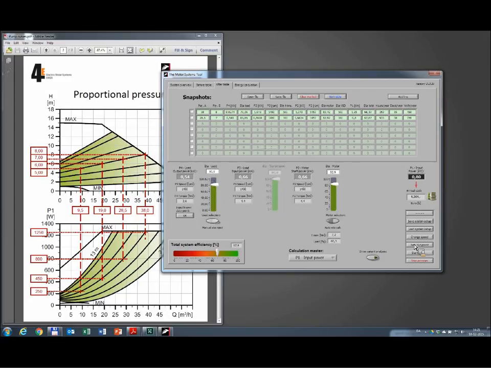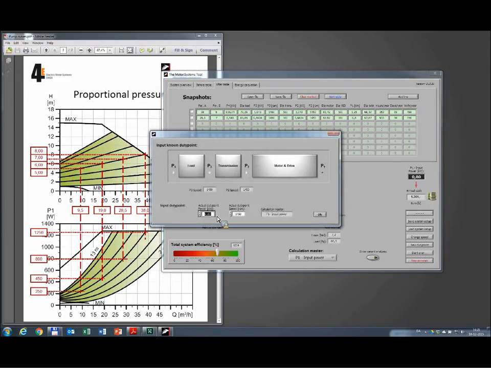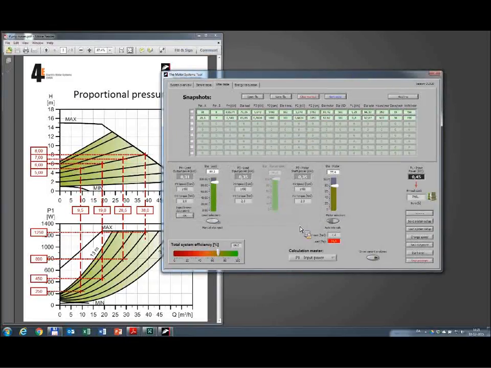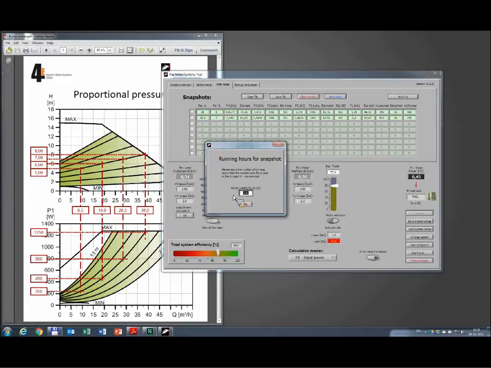Then for the third one, we have an input power of 0.45 kilowatts. The hydraulic parameters are 6 meters of head, and we have a flow of 19 cubic meters. We get a new efficiency. Okay, and then we have the third duty point, and there we have 2100 hours per year.